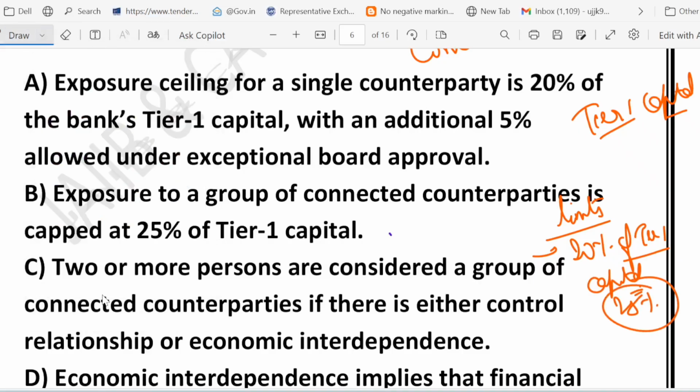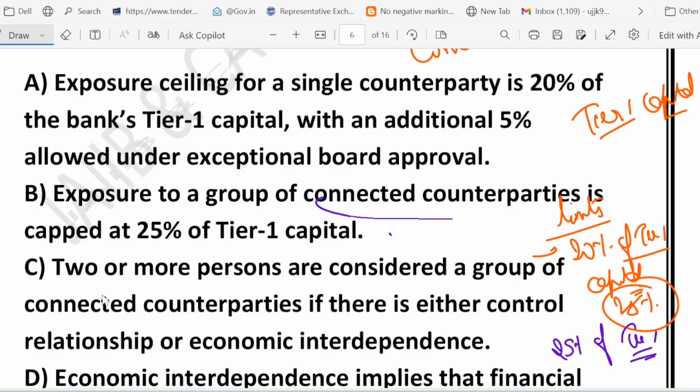For a group of connected borrowers, connected counterparties, related or contingent, the limit is 25% of tier 1 capital.